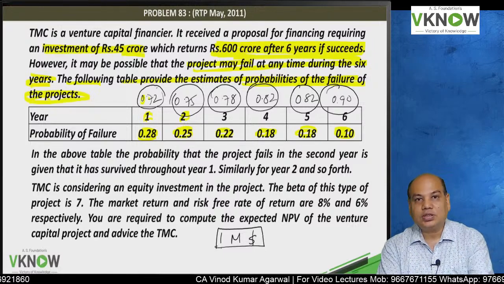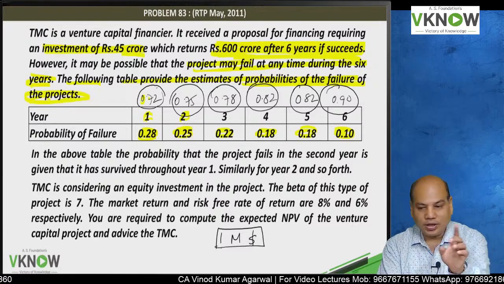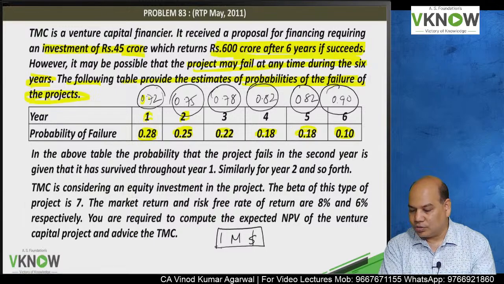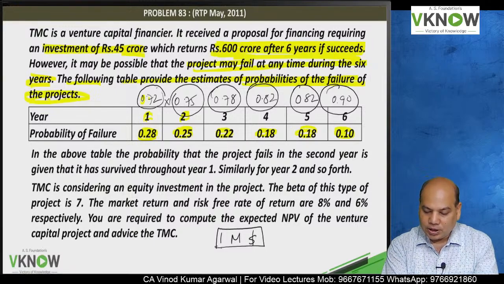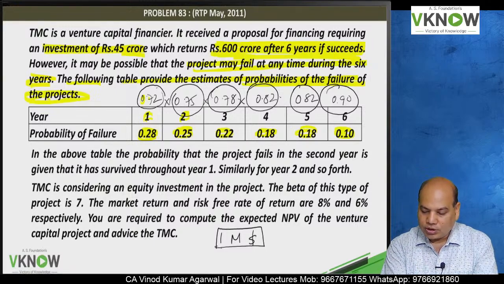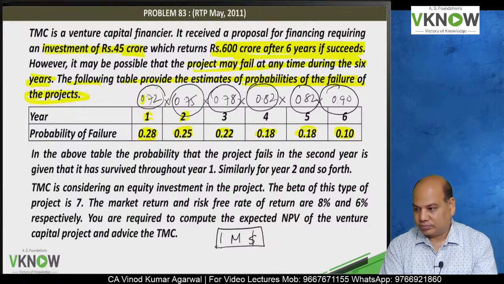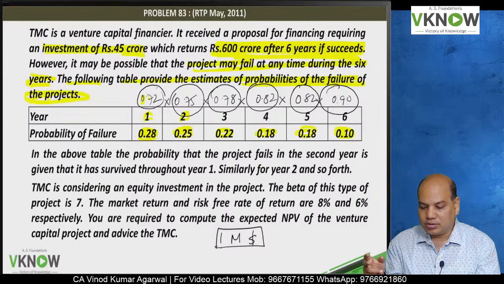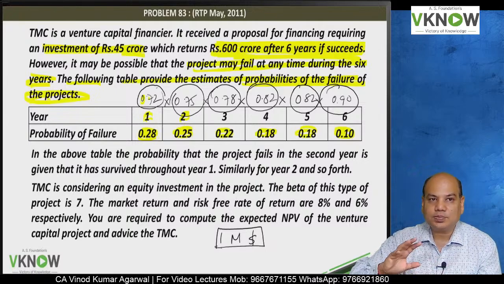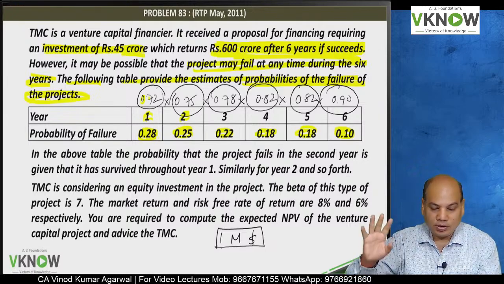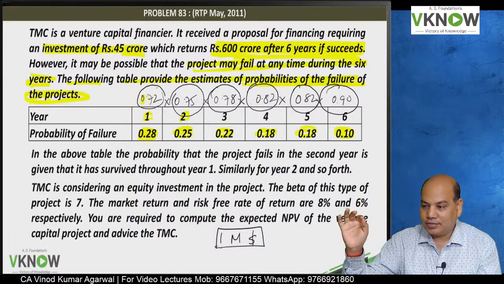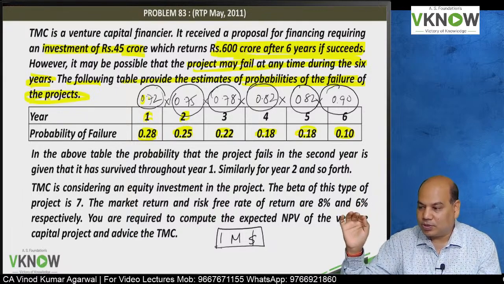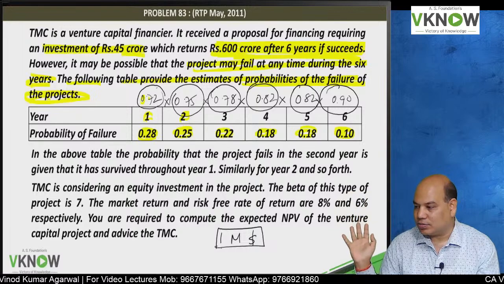If it succeeds in all the years, then it is a success. Therefore, we will have to multiply all these probabilities. All success probabilities you will multiply, then you will get that the project is finally successful.